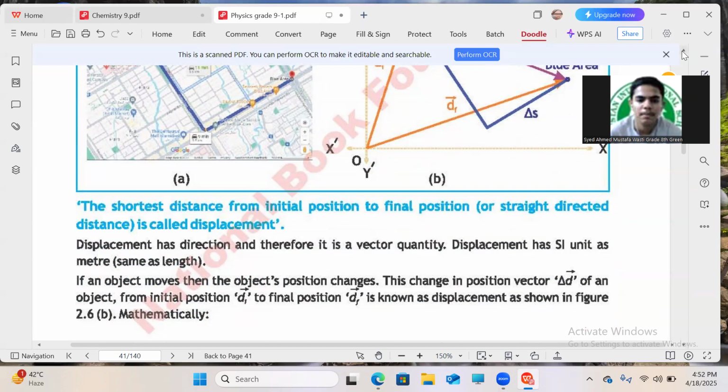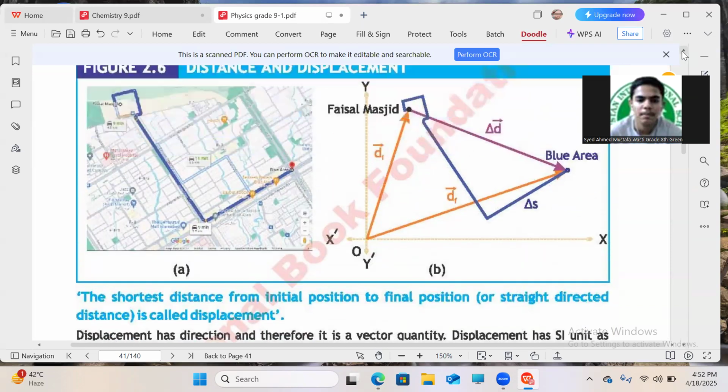So if there is a figure given to you, with Blue Area and Faisal Masjid. If you have to go from Blue Area to Faisal Masjid, you will first follow the path from this point to this one, then from this point to this one. This is all about distance. Understand that?